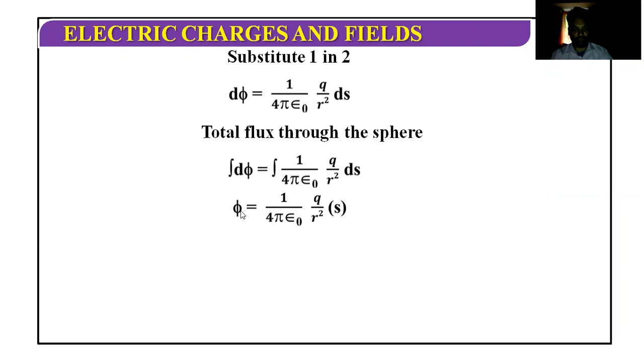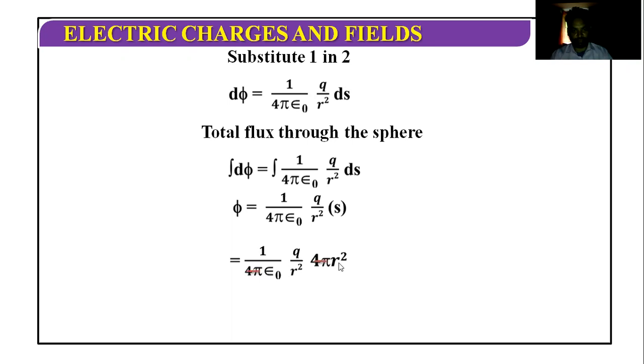So the total flux coming out from the Gaussian surface due to a point charge placed inside the Gaussian surface is phi equal to 1 upon 4 pi epsilon naught, q upon r square. And we know that the surface area of the Gaussian surface, because that is a sphere, is 4 pi r square.